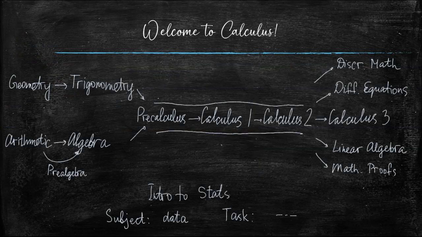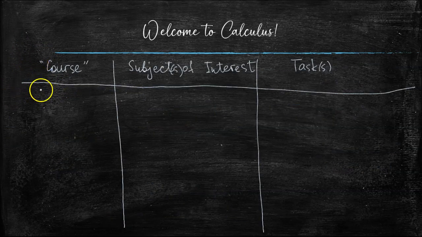Again, if we look at this map, let's start with geometry. If I were to ask you, what did you learn in geometry? You can pause for a second and think about it. If you were to describe the main subject of interest in a geometry course, what is it? And the answer is shapes.